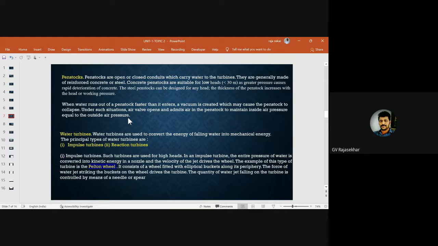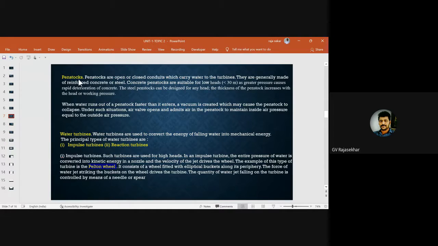When you are sending water through this penstock, there may be a chance that the pressure of the air inside the penstock may increase because of the huge flow rate of the water. So, in order to remove that pressure, some valves are fitted on the penstock, where these air valves open and admit air, so excess air is removed and an equal amount of pressure is maintained. So the required amount of pressure is maintained in the penstocks.